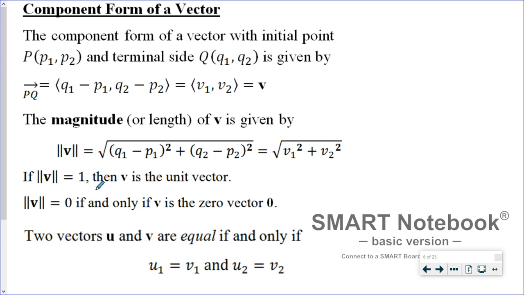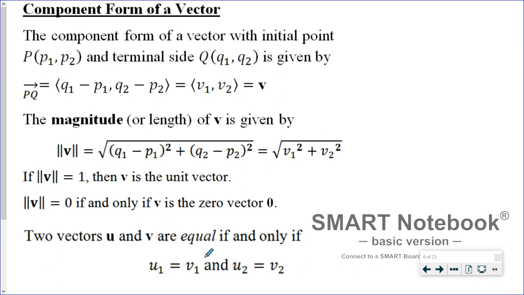If the magnitude of v is equal to 1, then v is what we call a unit vector. The magnitude of a vector is equal to 0 if and only if v is the zero vector. So any vector other than the zero vector will always have some actual magnitude.